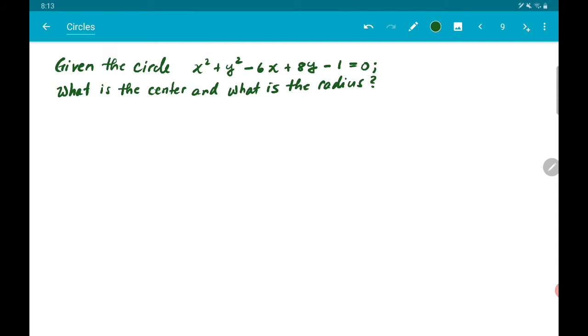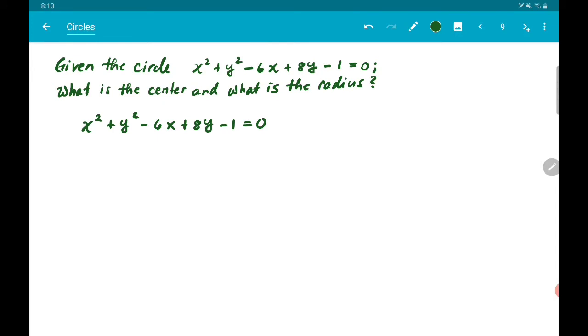In order to find the center and the radius, we will rewrite this equation in center-radius form. Let me just rewrite the given equation: x² + y² − 6x + 8y − 1 = 0.